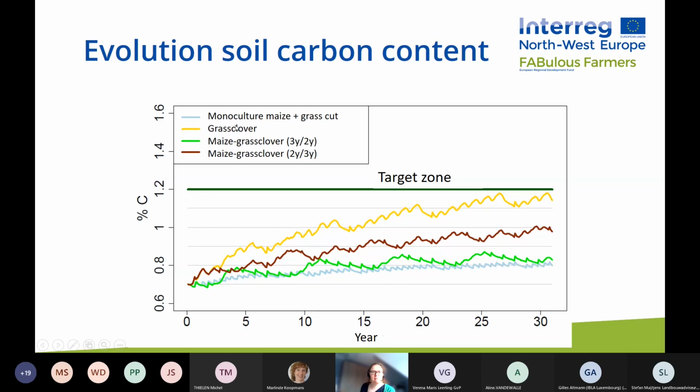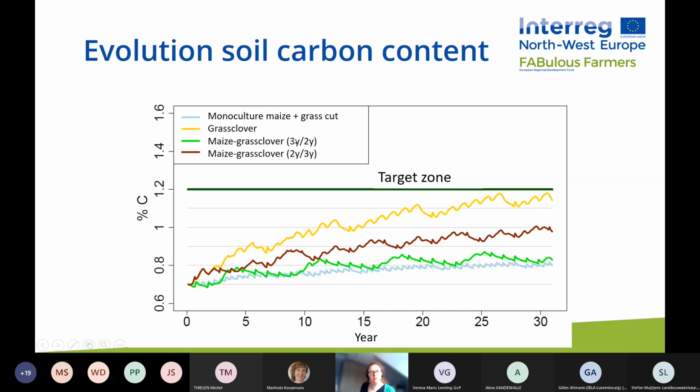The other extreme is the yellow one. It is only grass clover placed on the fields. And then you see that you can build up the carbon content with this grass clover. Here it is no rotation, it's only grass clover. And then the green and the brown graphs are in between, so it's maize combined with grass clover.